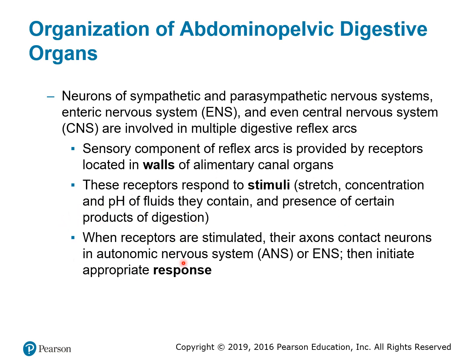These receptors are stimulated, and with their axons, which is the end of the neuron, they contact the neurons in the autonomic nervous system, ANS. This system is your involuntary part of the nervous system. You do not have any control over when this stimulates whatever response. And then the enteric nervous system as well. These two work together with your sympathetic and parasympathetic nervous systems to initiate a response in relation to digestion.